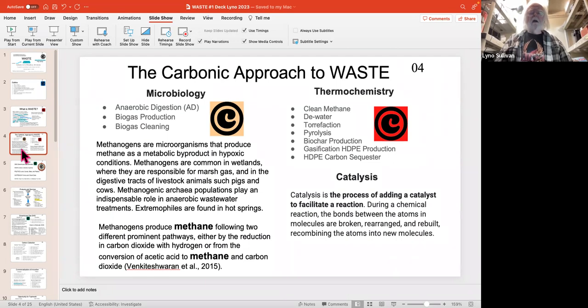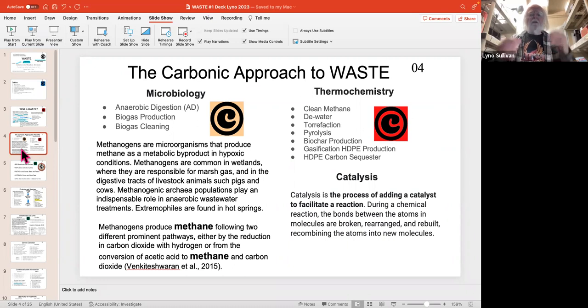The microbiology uses anaerobic digestion, AD for short, which involves methanogen bacteria. It produces biogas. Then a step cleans the biogas, removing sulfur and other contaminants. You want as clean a gas coming out of the microbiology as you can get, because if you don't get rid of contaminants at the front end, you'll have to get rid of them somewhere, or you'll embed them in your downstream products, and you don't want that.